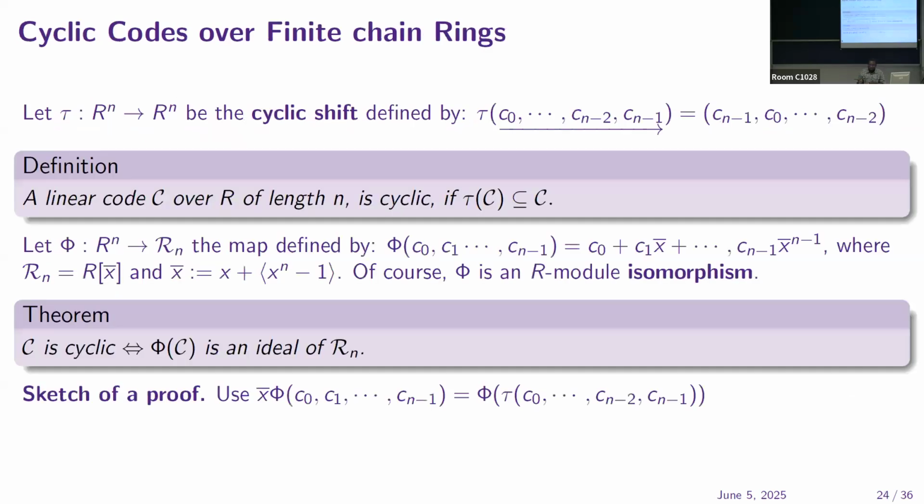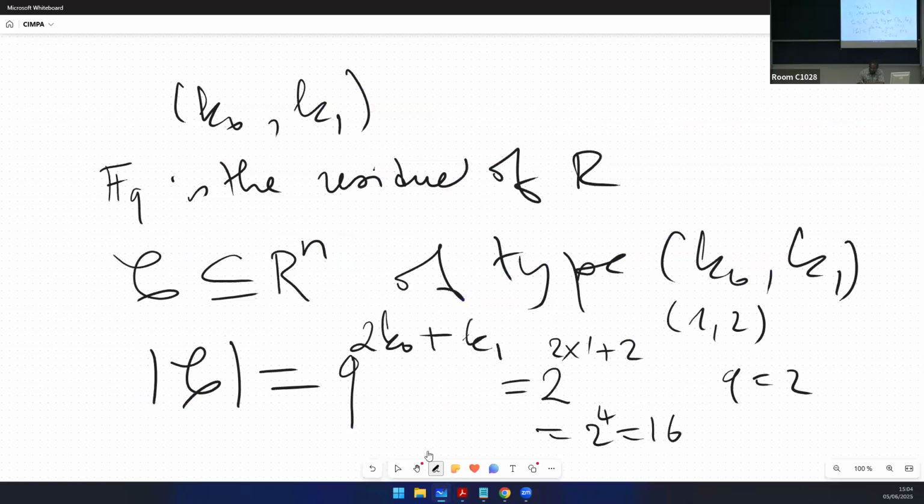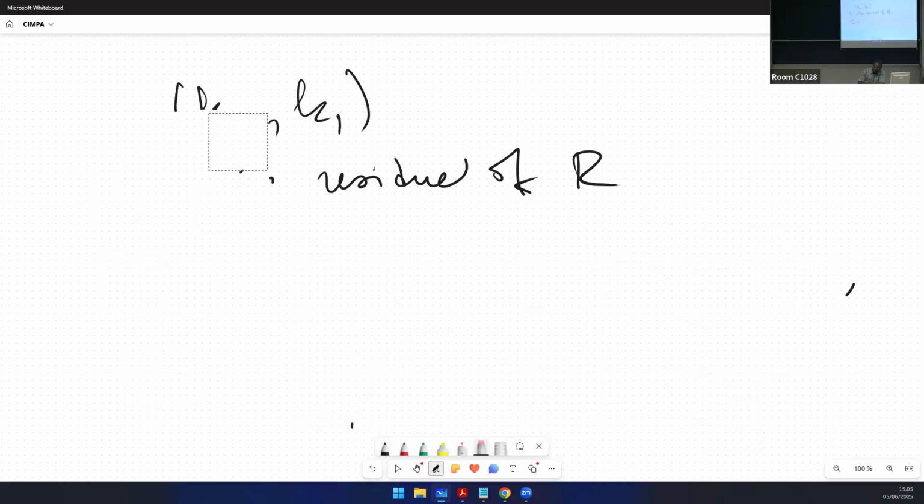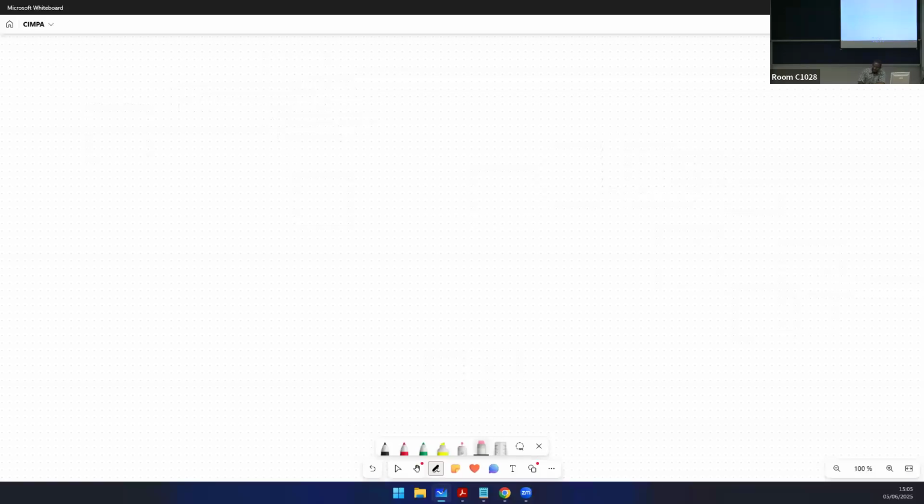Okay, it continues. Cyclic codes over a finite chain ring. We take the chain ring with nilpotency index 2. The chain ring with nilpotency index 2 is isomorphic to the following.